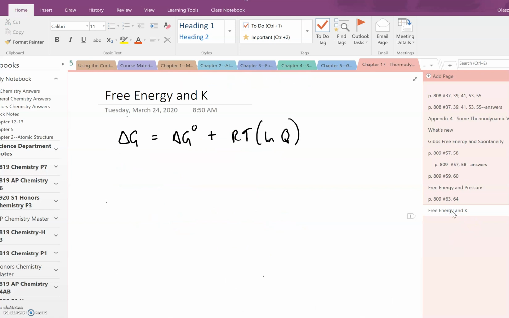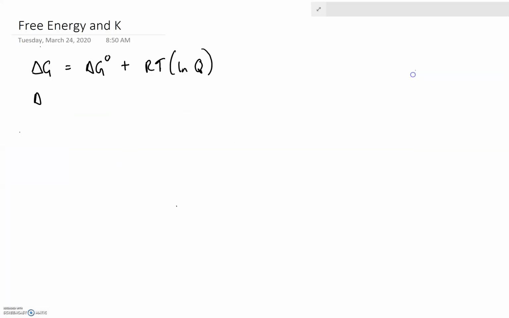Okay? Well, you can probably guess then that you can easily calculate where the reaction is going to be once it reaches equilibrium. And that makes this really easy because we already have the equation set up. Here's the deal.